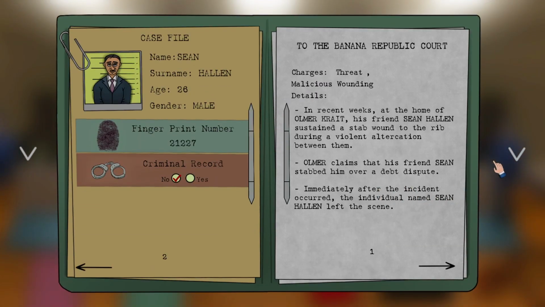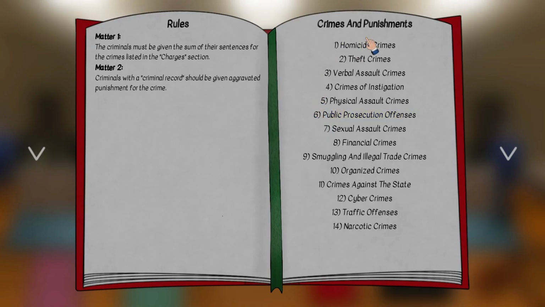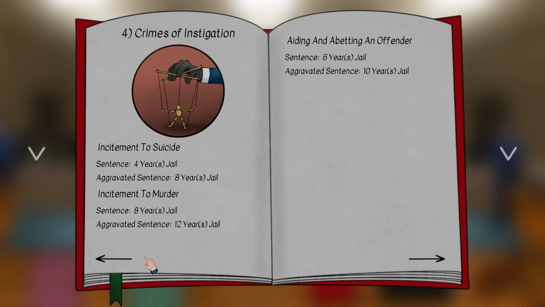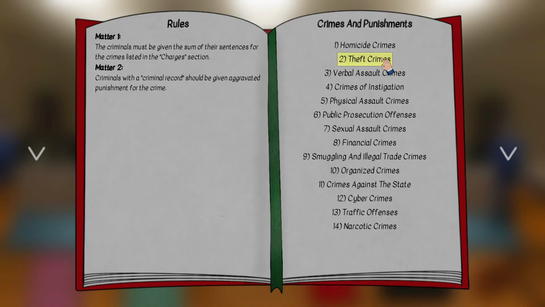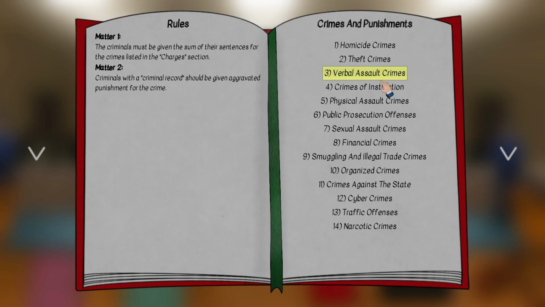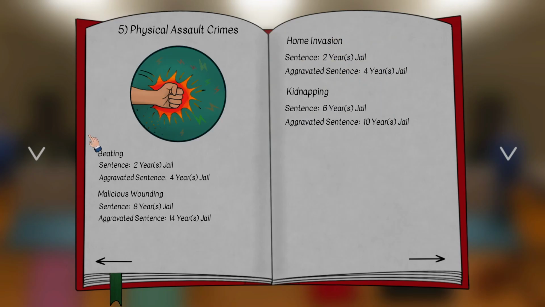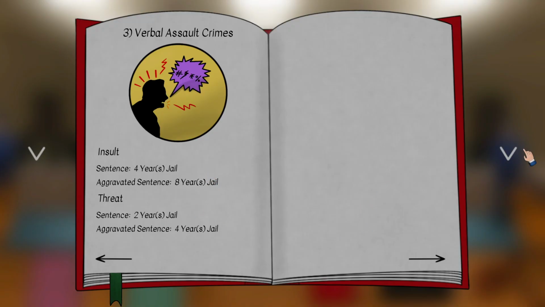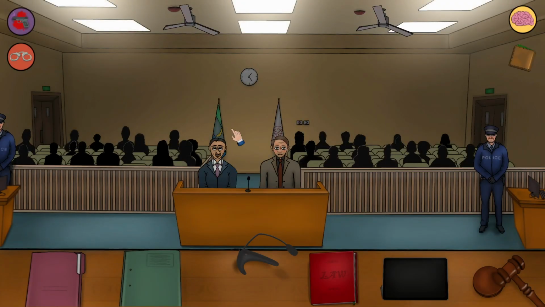No, it's a threat and a miscellaneous one. A threat is 2 years. Alright, homicide crimes, crimes of physical assault, 8 years. Okay, so 8 years and 2 years. So 10 years. You're about to get 10 years in prison.